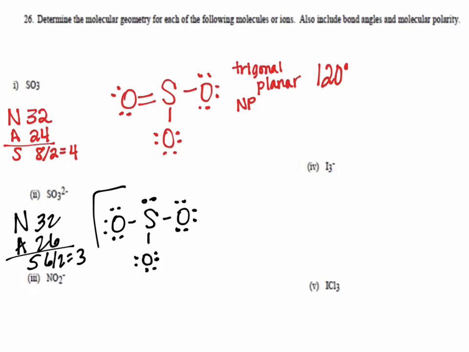And it makes it trigonal pyramidal. The polarity is... trigonal pyramidal, but that's within the tetrahedral. So it's tetrahedral family, geometry is trigonal pyramidal. And it is polar. And the angle is less than 109.5.